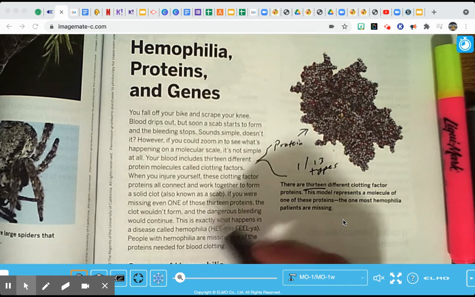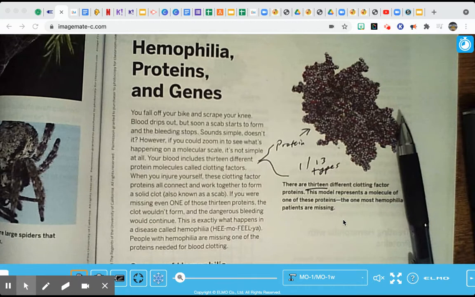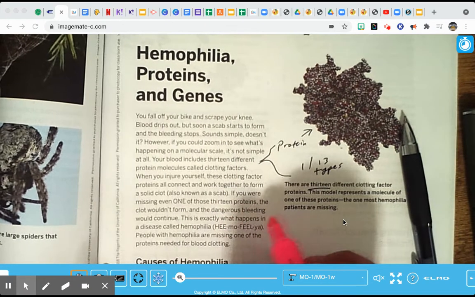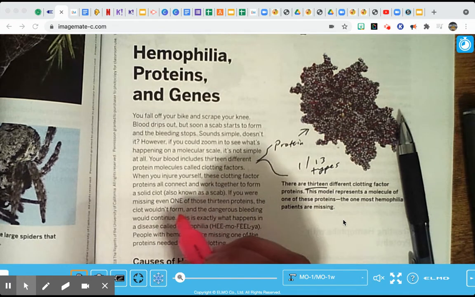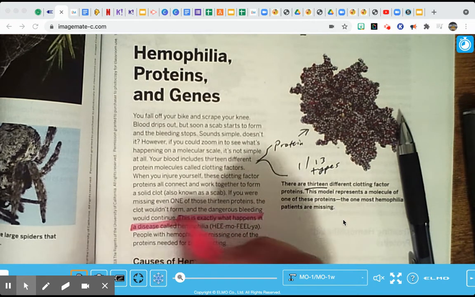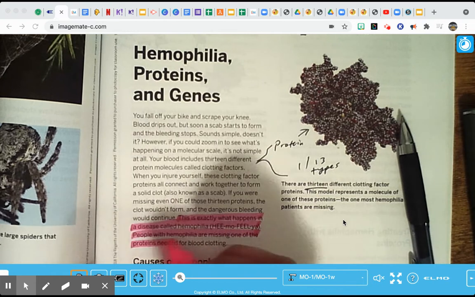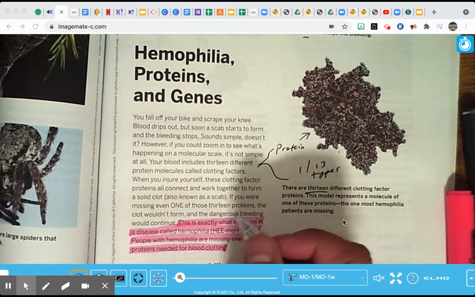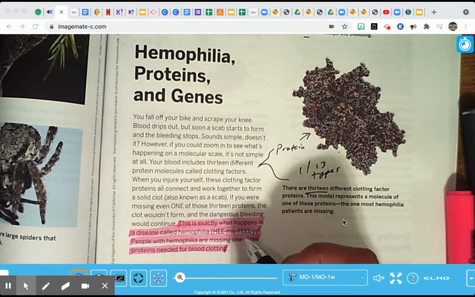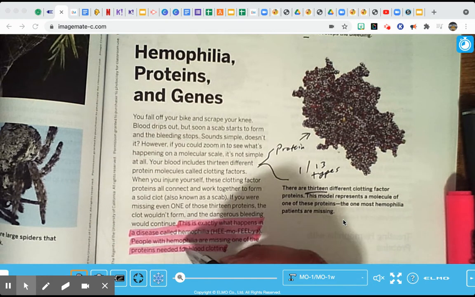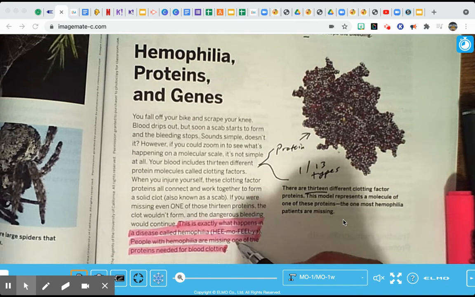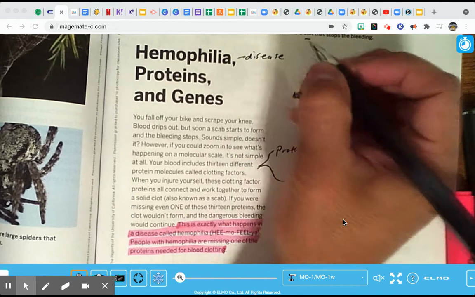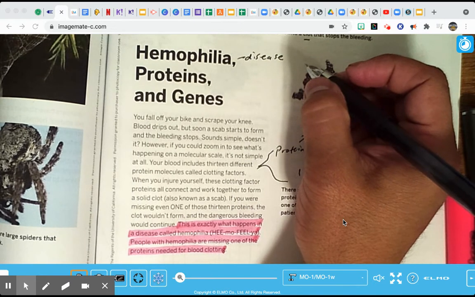And so for me, this here is important. So hemophilia is a disease. Right?